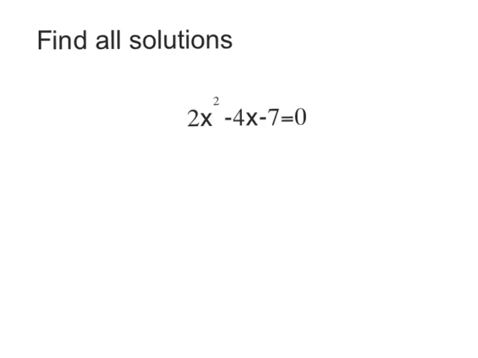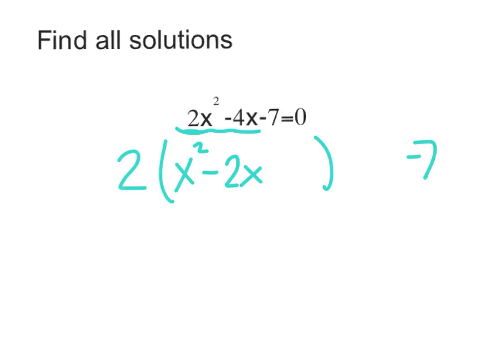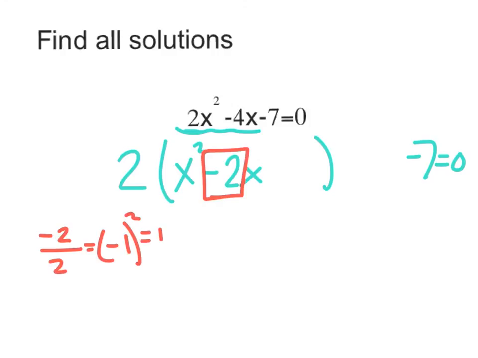Okay, so it's ugly because this a value is bigger than 1, so I'm going to pull the GCF out of the first two. So I get x² - 2x. I'm going to leave a space, and I'm going to leave my -7 = 0 over here. Okay, so remember, take your b term, cut it in half. -2 divided by 2 is -1. Wrap it in parentheses, square it, and I get 1.